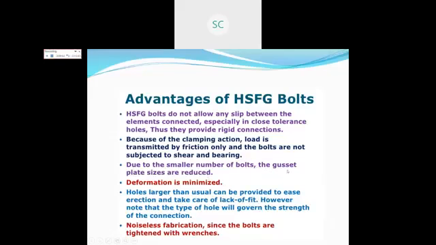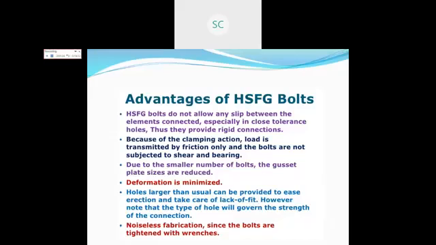So, what is the gusset plate? Gusset plate is this plate provided to join two members. Suppose in a truss joint, you might have seen this truss joint. There are a number of tension and compression members meeting at a joint, and these are the T section, angle section, and channel section.